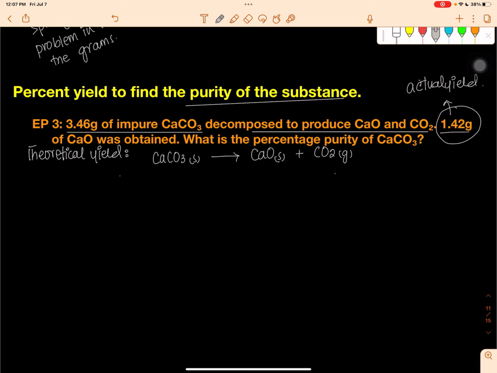So we see that the equation is already balanced. We need to find out the amount of this calcium carbonate in moles, so we need to convert it into moles. First we need to calculate the Mr. Calcium carbonate: 40 times 1 plus 12 times 1 plus 16 times 3. What do we get?